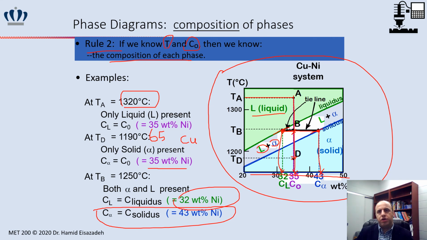But if you are in this gray region, you are dealing with multiple materials. For our case, this is a binary system, so we are talking about two components. Then you just need to draw a horizontal line to find the solidus point and the liquidus point, and then draw a vertical line to find out the composition of those two phases, liquid and solid material.